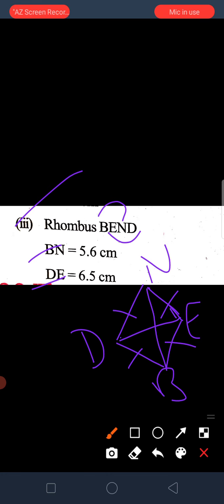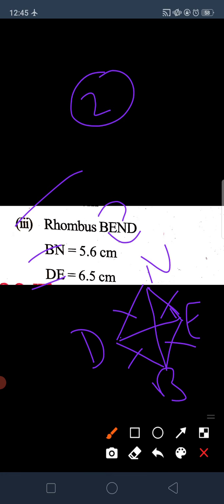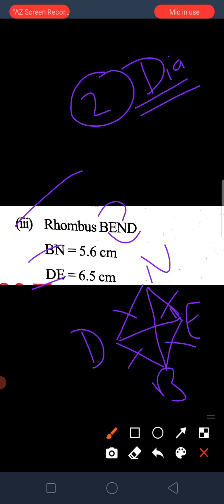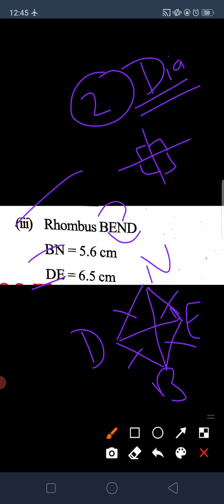So by using two diagonal values, how do we construct the rhombus, because the side value is not given? As we know the property of rhombus, the two diagonals are perpendicular to each other.